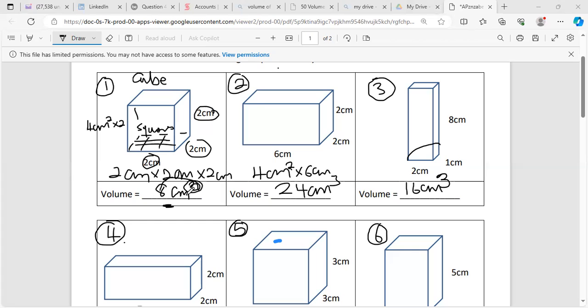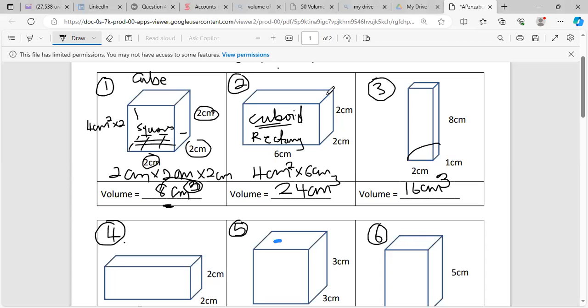All right. What about this one? What is this one called? A cuboid. A cuboid. Very good. Or rectangular prism. So what made up this one? Rectangles and squares at the same time. Yeah, rectangles and squares, because one side is a rectangle and the other side is a square.